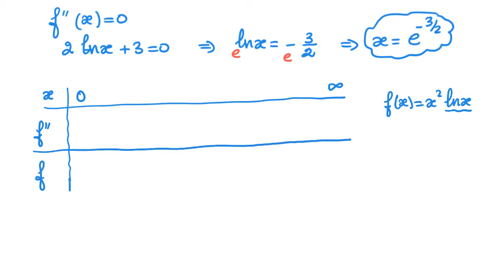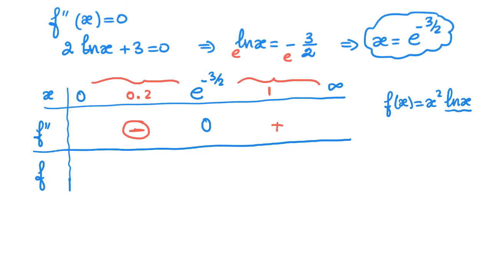Now the second derivative is 0 when x is e to the power of minus 3 over 2, so 0 there. Now we are interested in knowing the sign of the second derivative in these two intervals. Here we could put 0.2 and substitute in the second derivative. We will see that we will get a negative number, and we could take 1 here, substitute in the second derivative, and we will get a positive number.